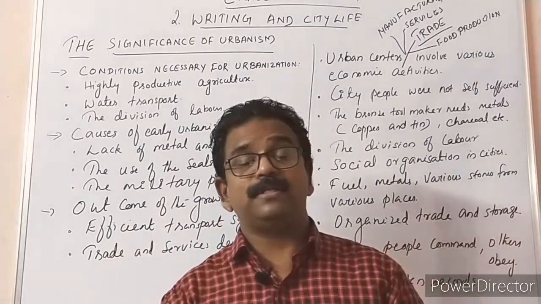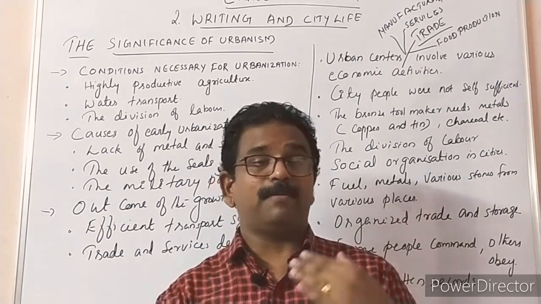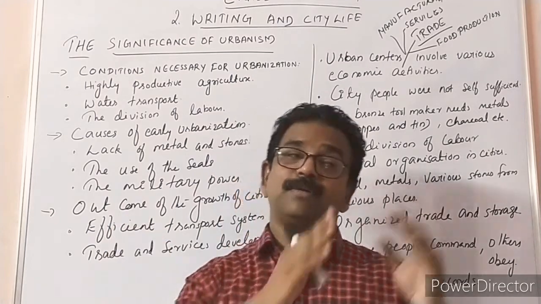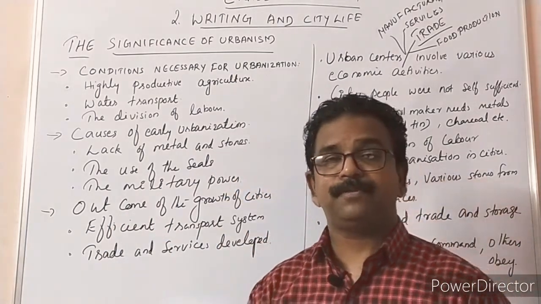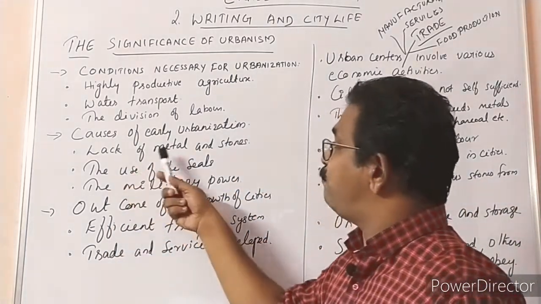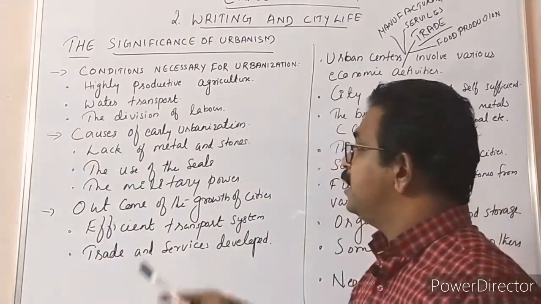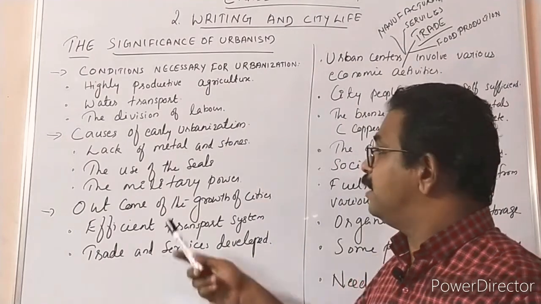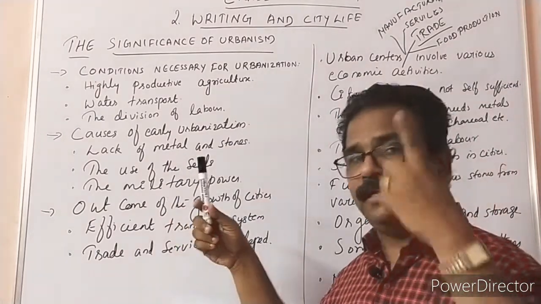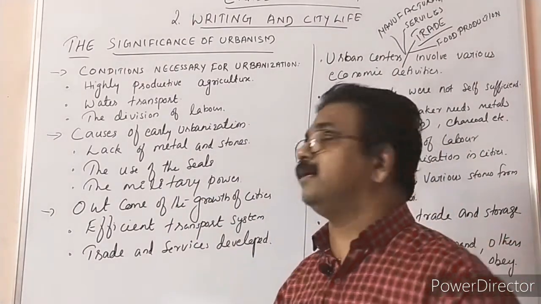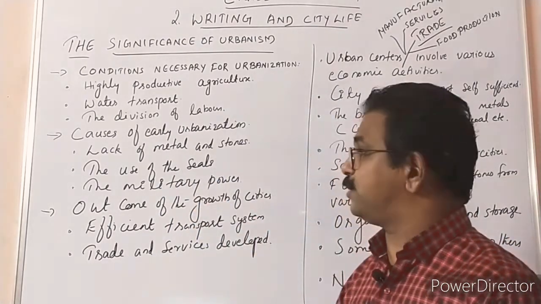So they need bronze, and for making bronze they need copper and tin. So they approach some other place or some other person to collect all the things, right? So lack of metal and stone. So trade will automatically flourish. The use of sails and military power, this we will discuss afterwards, but this also is a cause of urbanization.